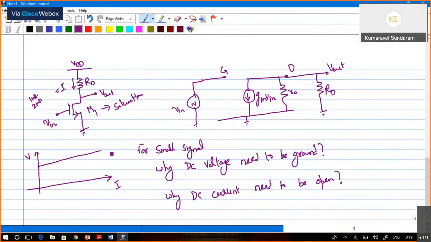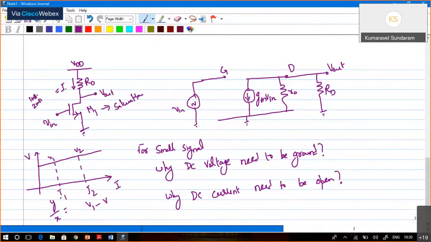So the voltage remains constant for various values of current drawn from the power supply. If you take the slope, it is y by x. Take two points, I1, I2, V1, V2.